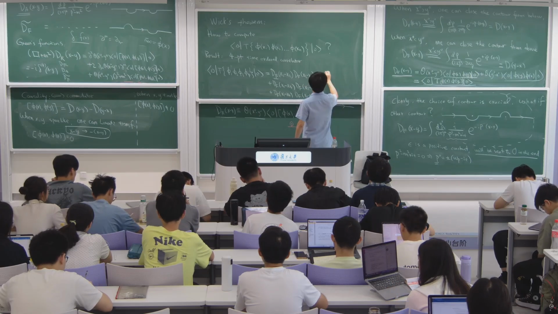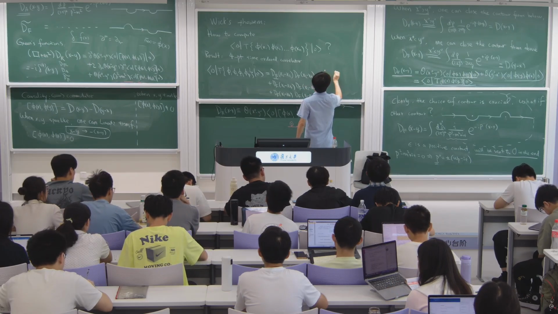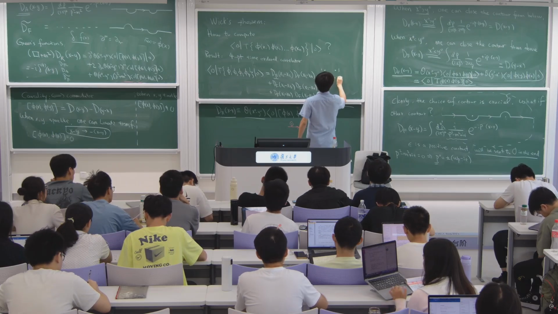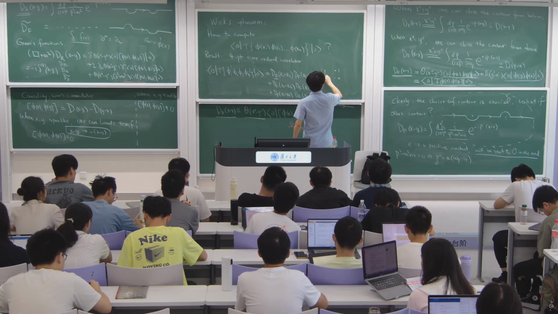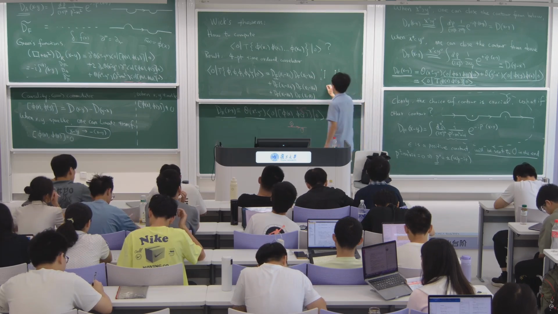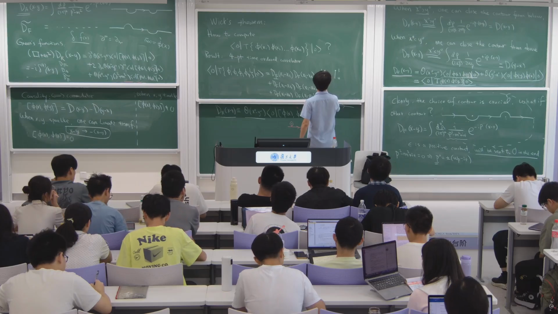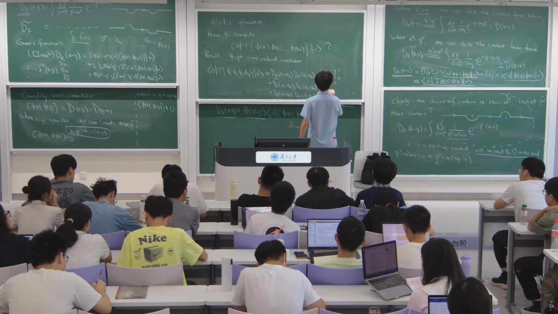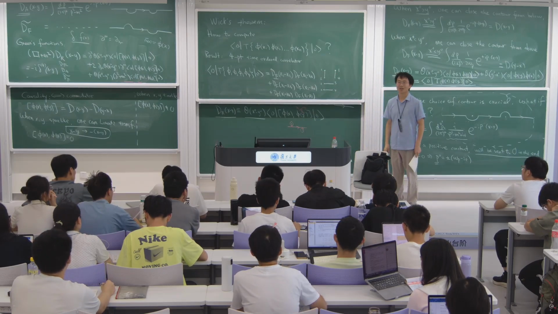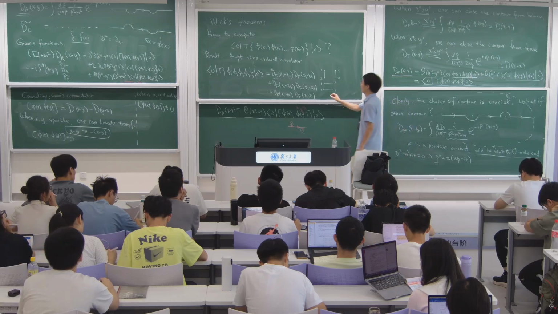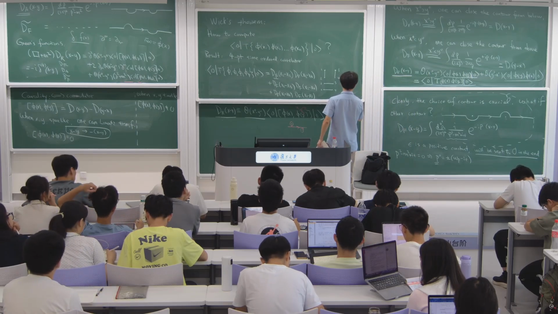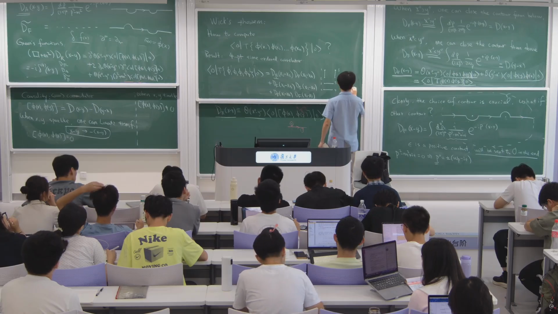This is my 1, 2, 3, 4. The first pairing is 1 and 2, 3 and 4. The second pairing is 1 and 3, 2 and 4. And the last one is 1, 4 and 2, 3.